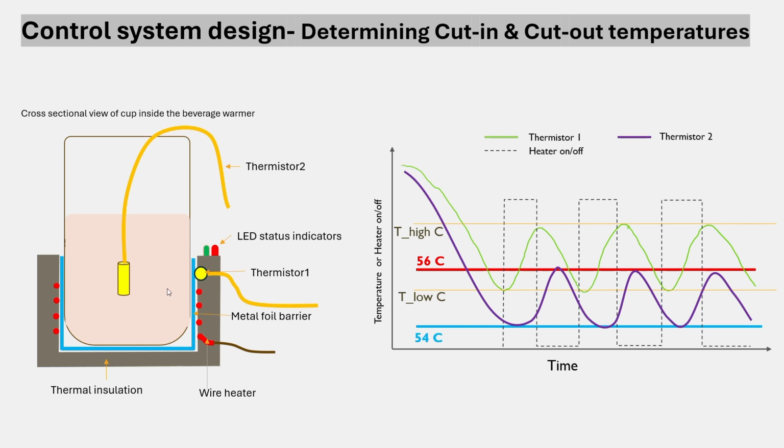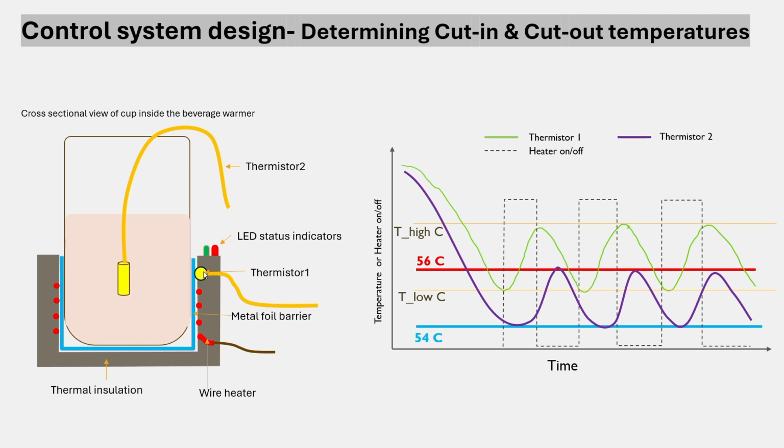So the water might take longer to heat up, and the thermistor might respond faster. So the moment it starts heating, the water might take longer to heat up. It's slower to get to the same point. It will lag behind the heating of thermistor 1. And the temperatures will also be different.